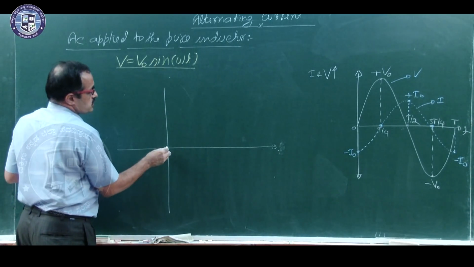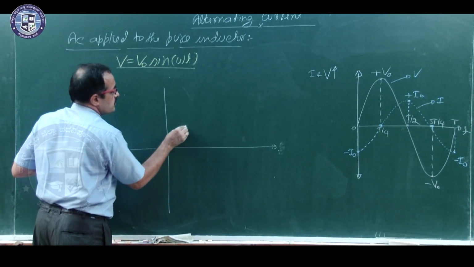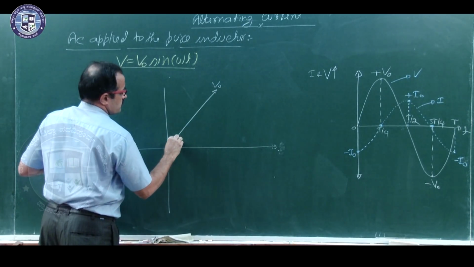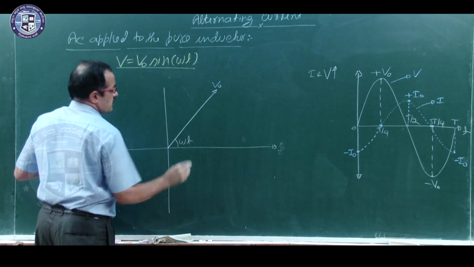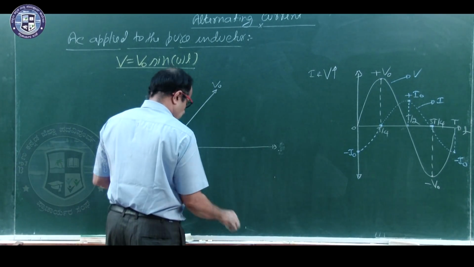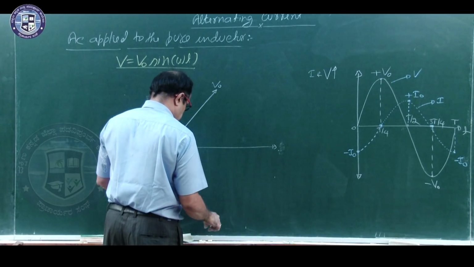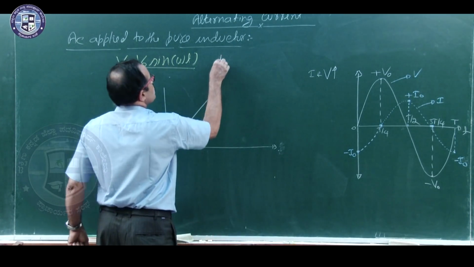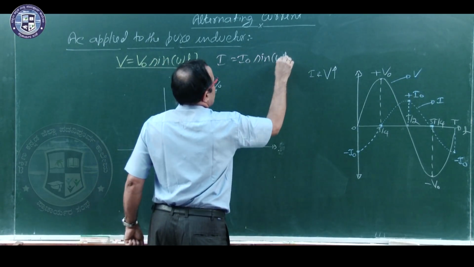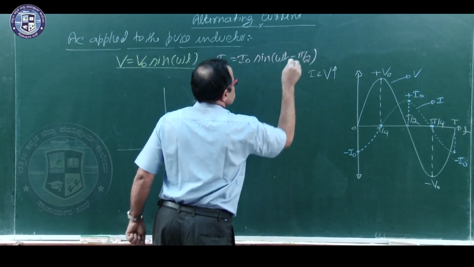V is equal to V naught sin omega t. This is omega t. What about current? For the current, the equation is like this. I is equal to I naught sin omega t minus pi by 2.